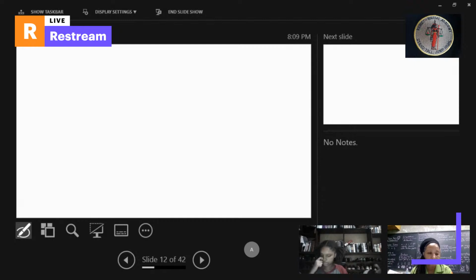Miss, that when we have a certain scale factor, it changes the area by a certain amount. So if it has a scale factor of 2, the area would be 4 times what it was.